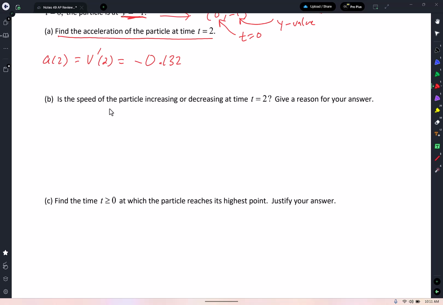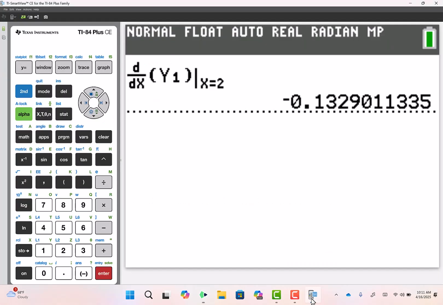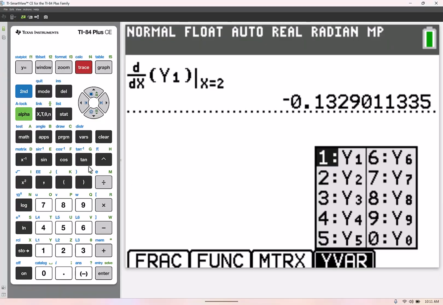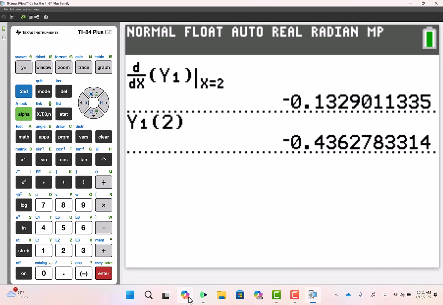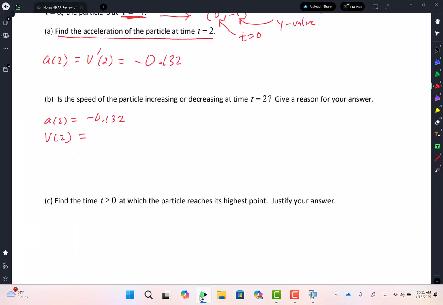So I already know what the acceleration is at 2. A of 2 equals negative 0.132. I'm going to figure out what the velocity is at 2. So I'm going to go alpha trace y1 at 2. And I got negative 0.436. Am I speeding up or slowing down?